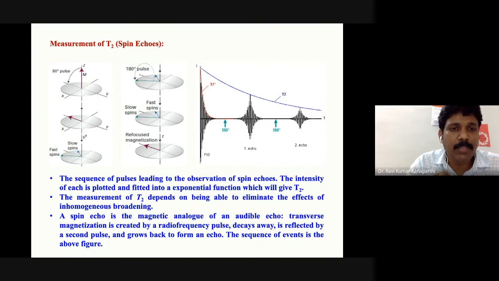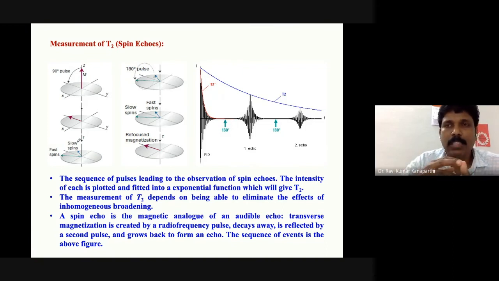But when you give a delay, tau is the delay that we are giving. That means you wait for some time and then watch what is happening. Because of this inherent relaxation process, a certain number of spins are precessing slightly faster compared to the other ones, and certain ones moderately.